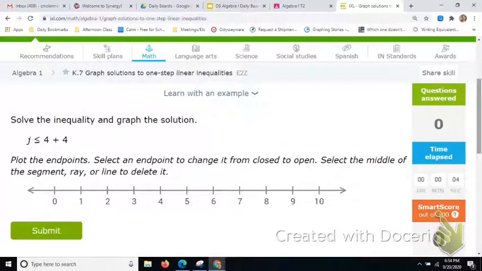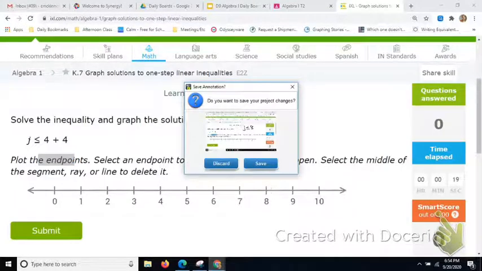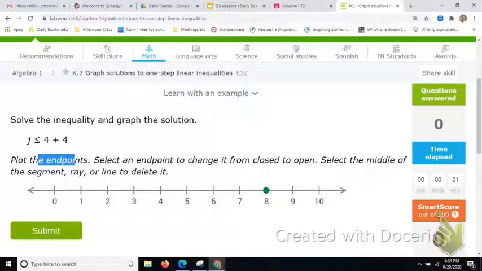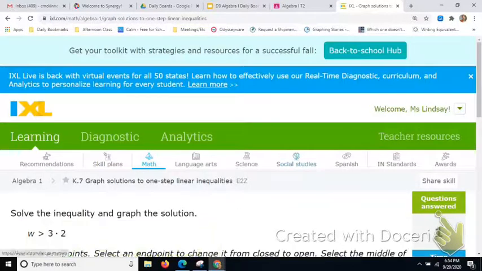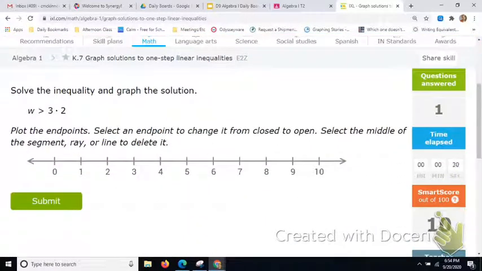So in this case, these are on the same side, so it's not do something to both sides. It's just simplify, like combine like terms. So that's 8. So J is less than or equal to 8. So close circle at 8 all the way back. 3 times 2 is 6.